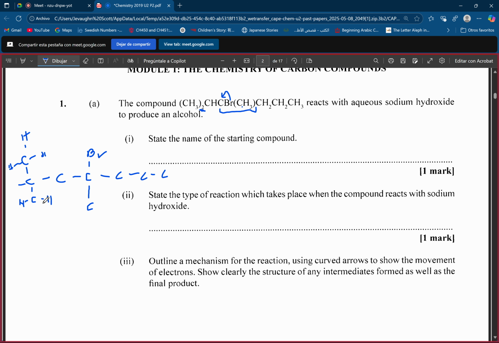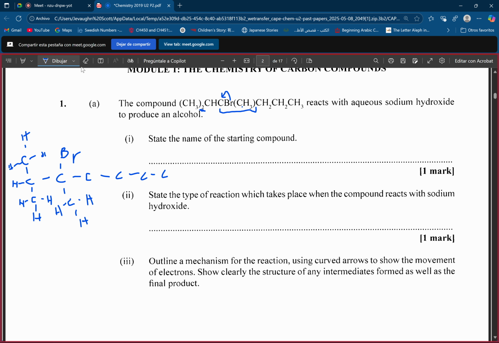So let's shift it over here. So containing a bromine substituent and another methyl group. Right, so I have something like that.